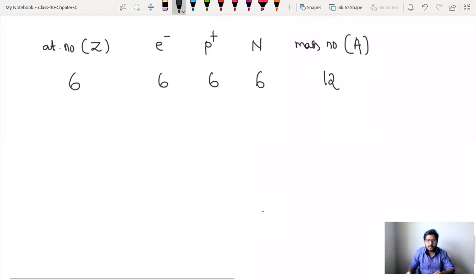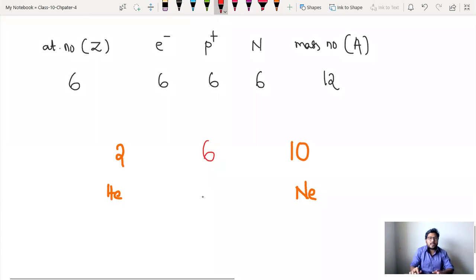Now, if you want to find its valency, how can you find it? You know the stable numbers. 2, that is helium. 10, that is neon. This 6 is exactly in between 2 and 10.